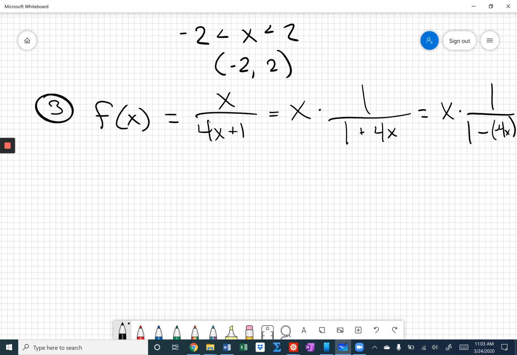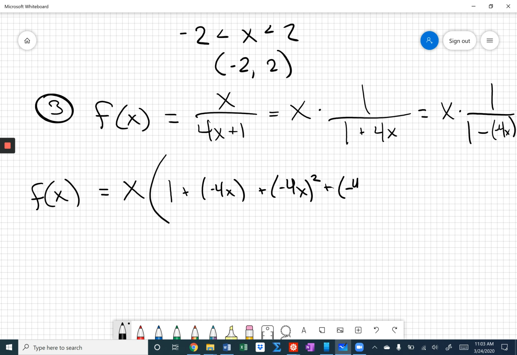1 over 1 minus something. We're going to multiply by x. So our function f of x, this is going to be x times 1 plus that something squared plus that something cubed plus dot dot dot that something to the nth power and so forth.